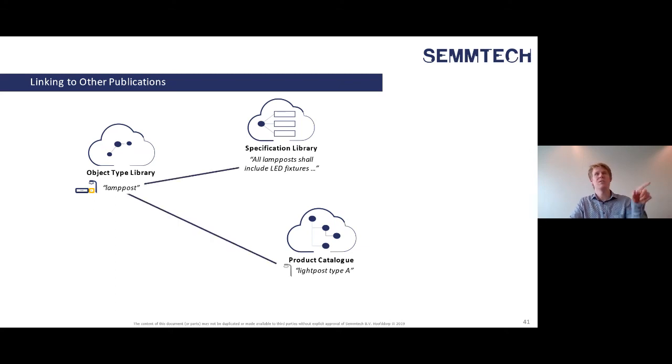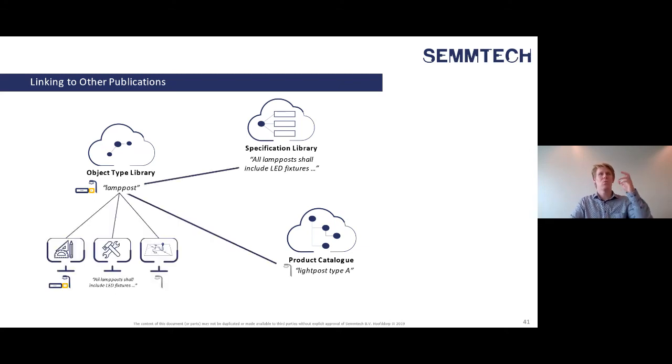Well, if I can link these together, then when I want to apply the information via my object type library, so I only have to link my applications to one library, I can then use the links that my object type library has to these other publications to extract information from there suitable for the needs of my own applications.